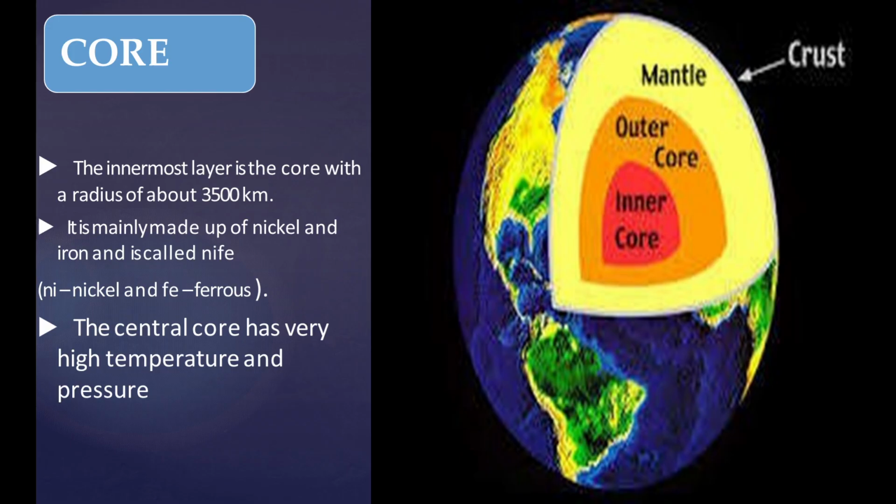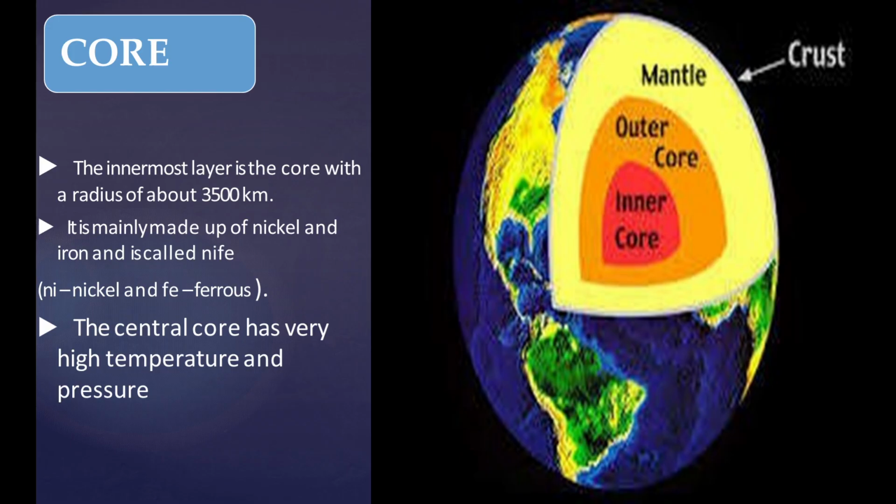the center of the earth in the form of a sphere with a radius of about 3,500 kilometers. It is composed mainly of metals. Heavy metals are found in the core with an abundance of nickel, Ni, and iron, Fe. Hence it is also known as NiFe.